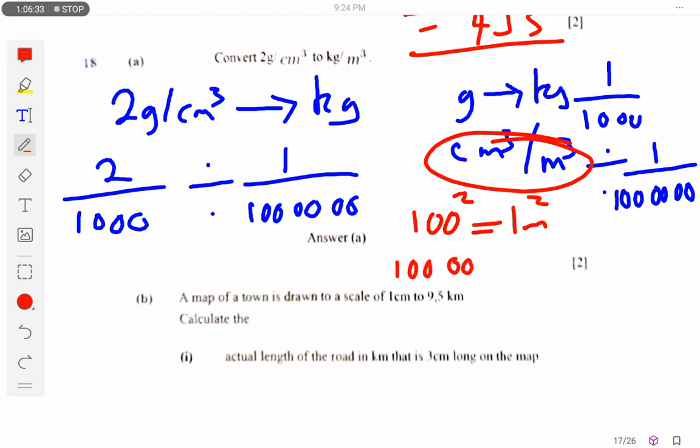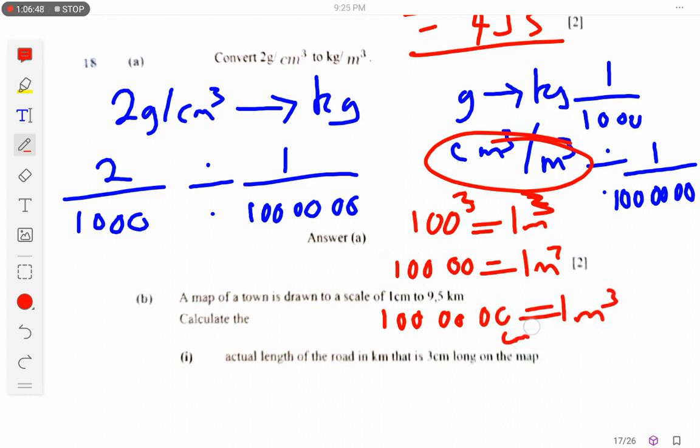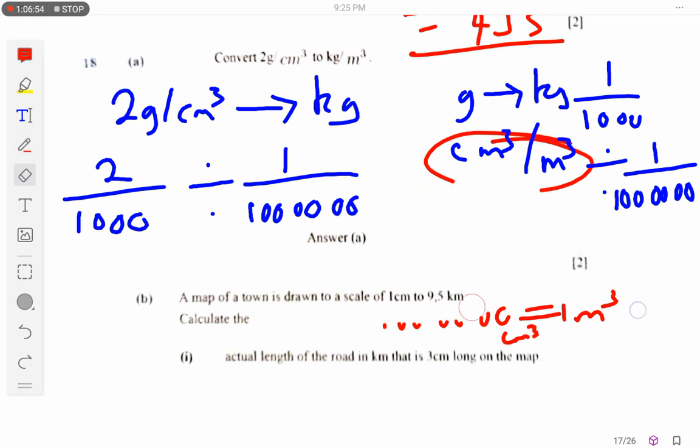When you are cubing, you are simply saying to the power of 3 there. So it will be like 6 zeros here, then it's also 1 m cubed, centimeter cubed like that. So that's where it is coming from, guys. I don't want to confuse you, but I want to help you.